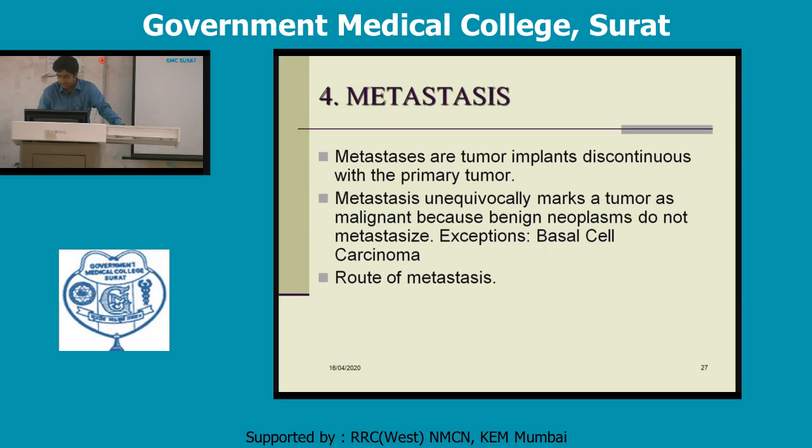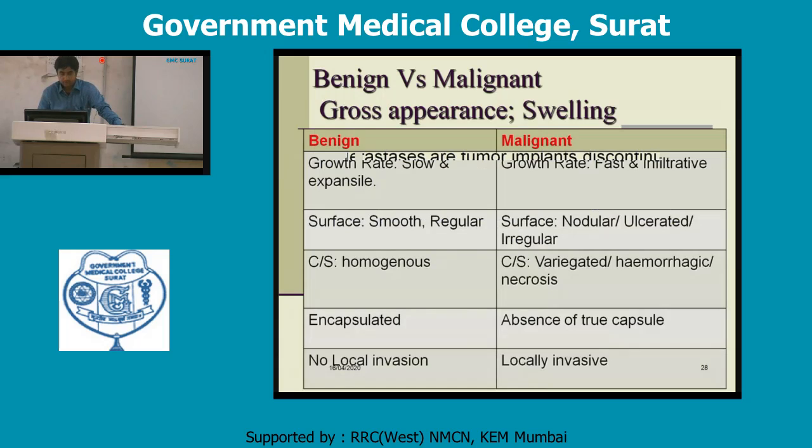So for staging it is very important. Briefly, benign versus malignant we have already discussed. Benign lesions are slow growing and expansile, while malignant lesions are fast growing and infiltrate the surrounding structure.